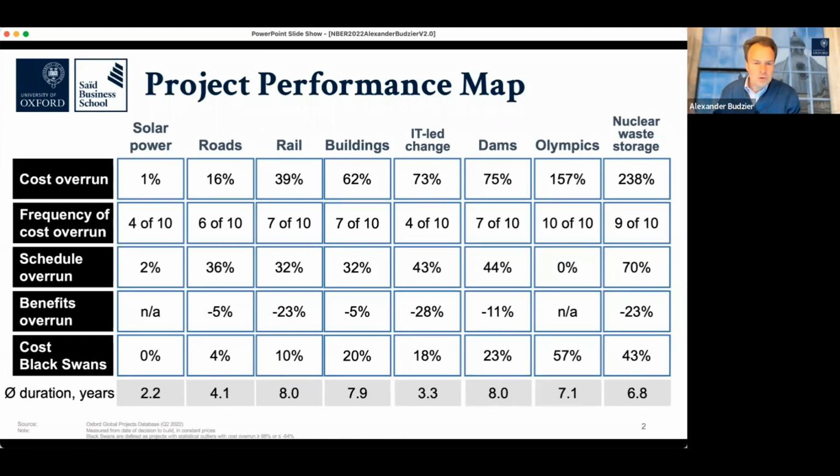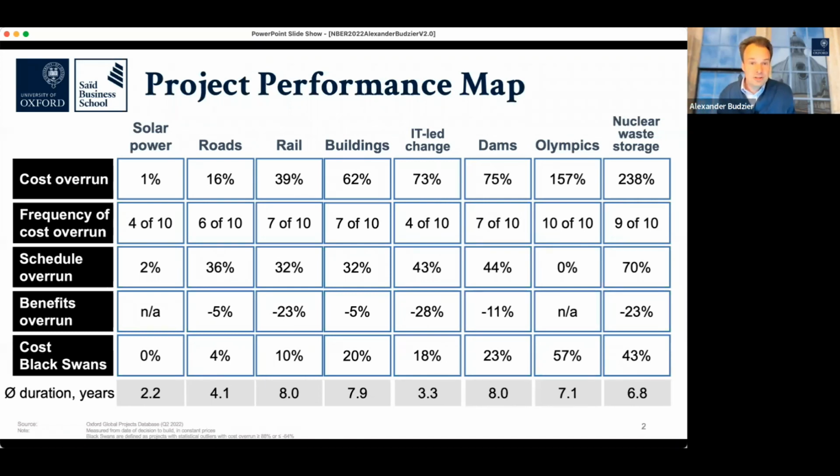And what you see here is some of the very best capital investment projects you can do. Solar power, on average, or the mean, is 1% cost overrun, 2% schedule delay. And then you see on the right-hand side some of the worst things you can do.